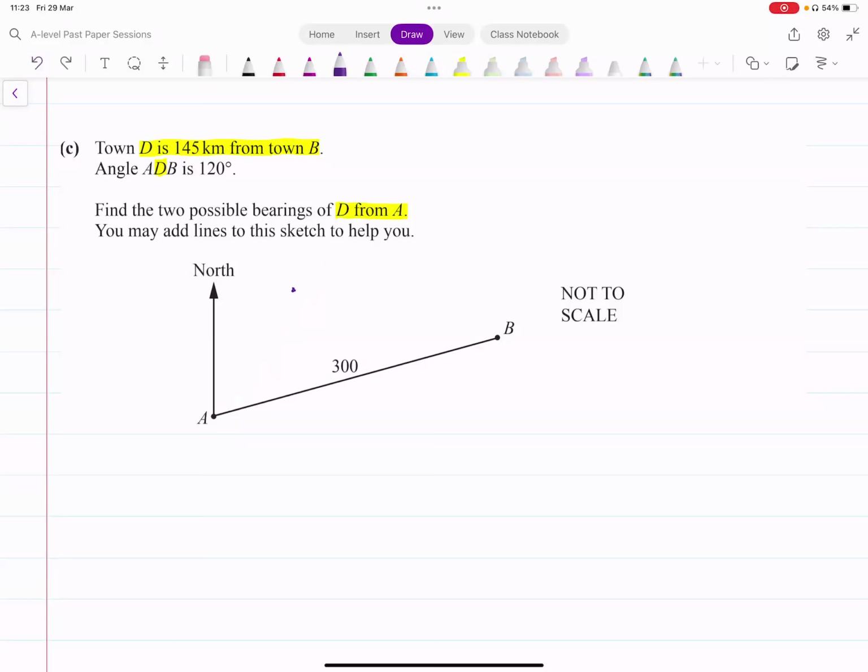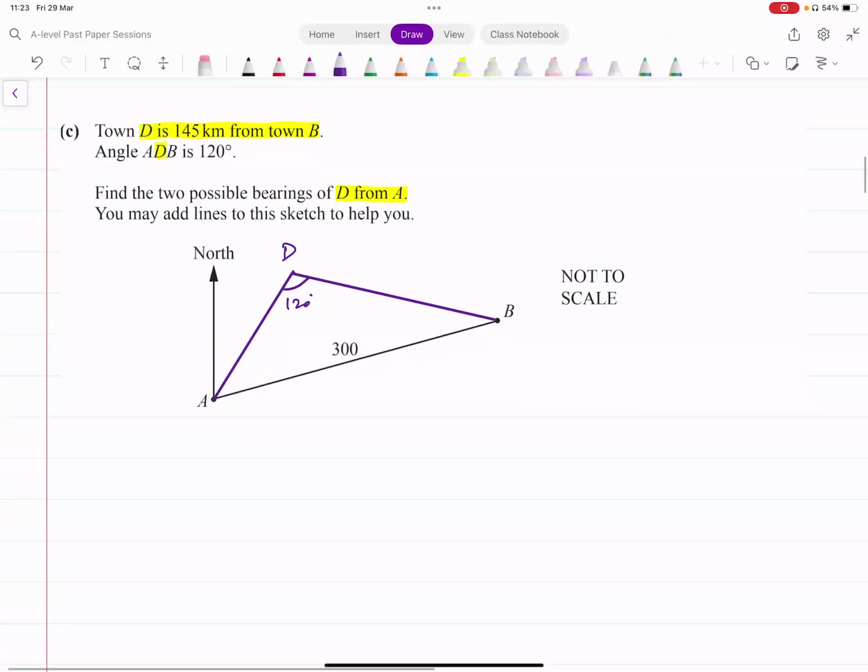So one possibility could be that D is above this line, such that this angle becomes 120 degrees. Of course, it's not to scale, so the angle does not have to be very accurate. So this could be one possible position of D. Another possible position of D could be below this line.